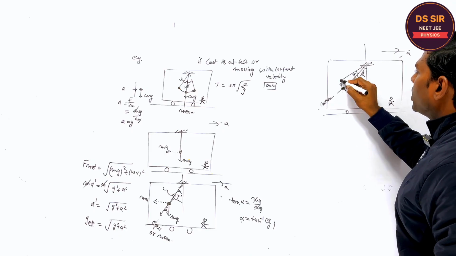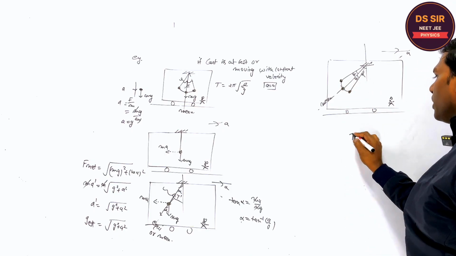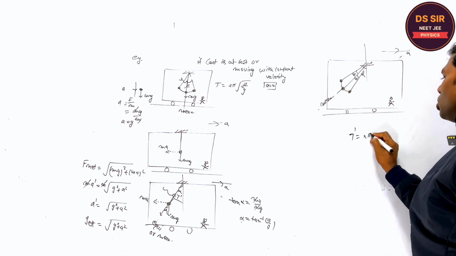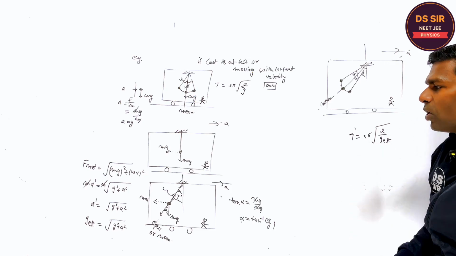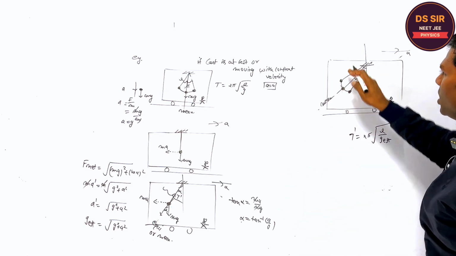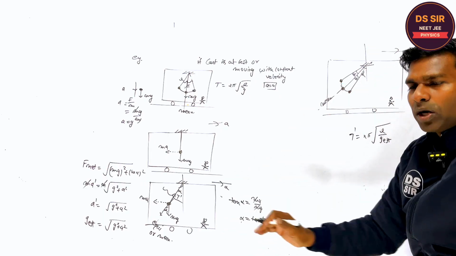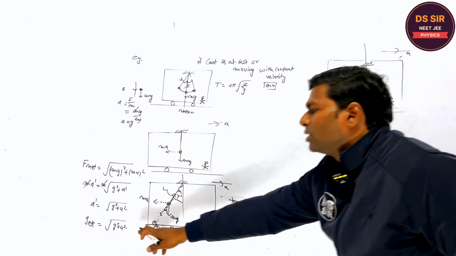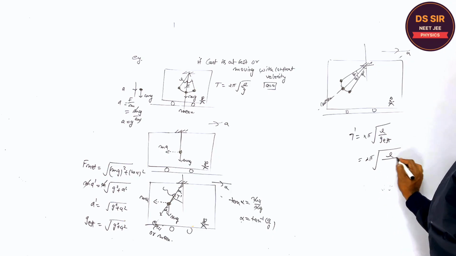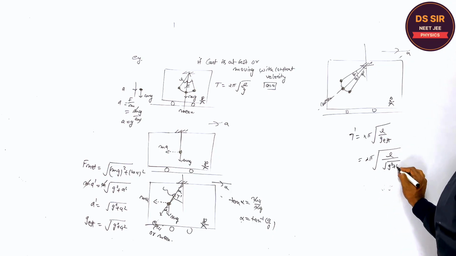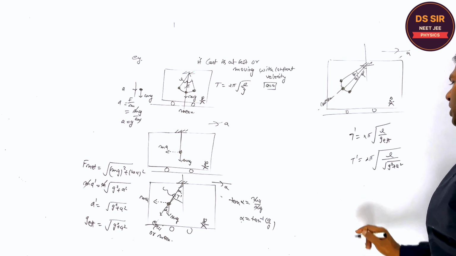Although we have proved that T is equal to 2 pi root L upon g effective, can you tell me what is the g effective in this case? Yes, if you cut this string, what is the acceleration by which it will move? This is the acceleration. So T is equal to 2 pi root L upon root over g square plus a square is the time period in this case.